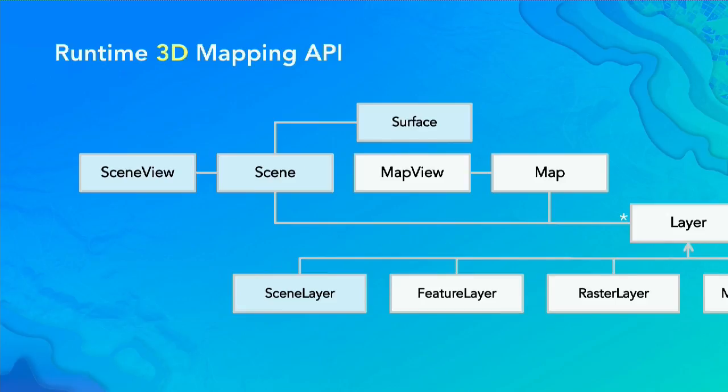Scene layers are what we use to display 3D specific content. And a scene layer is capable of displaying many different types of 3D content, whether it's, in the future, point cloud, triangulated meshes, surfaces, buildings, etc. All of these things get rendered through a scene layer.